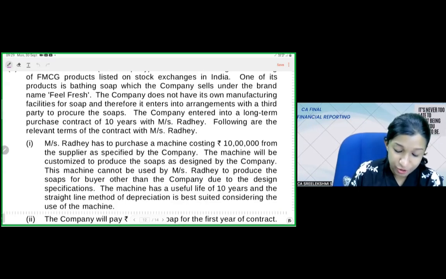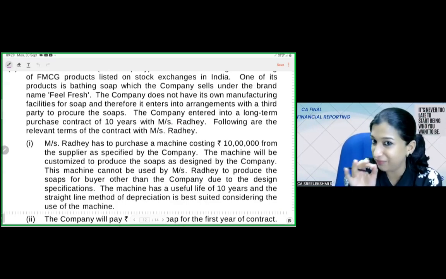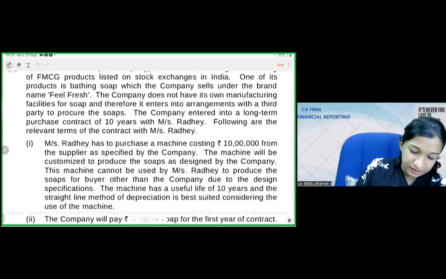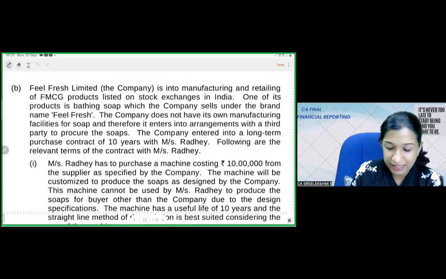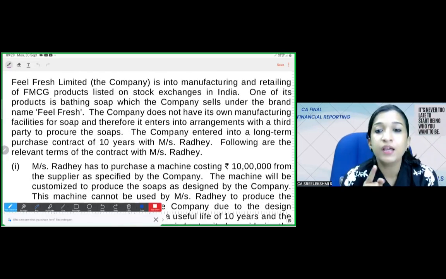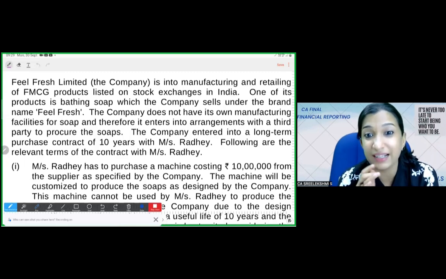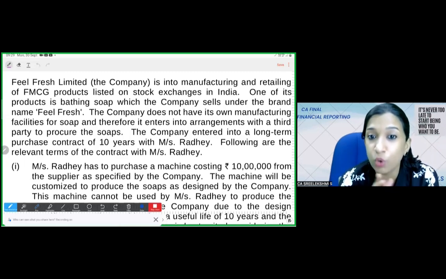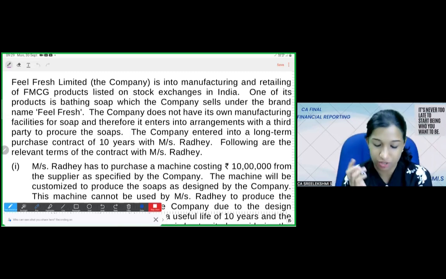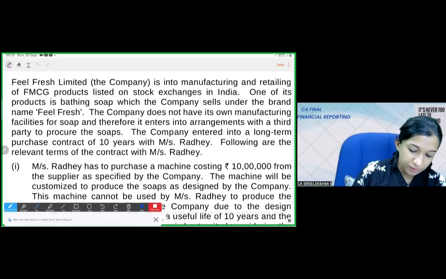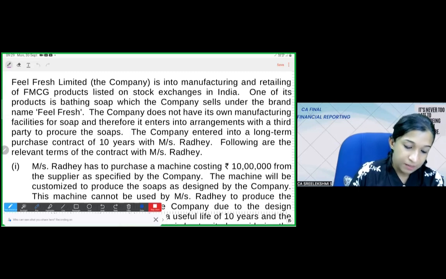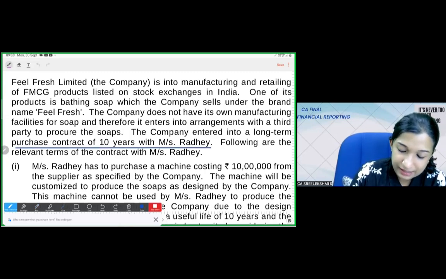The company entered into a purchase contract for 10 years with Ms. Radhe. You should be very careful. In the previous question, there was a clue that the contract contains lease. Here there is no such clue. What they are telling is they entered into a purchase contract. Following are the relevant terms of the contract with Ms. Radhe. Ms. Radhe has to purchase a machine costing 10 lakhs from the supplier as specified by the company.